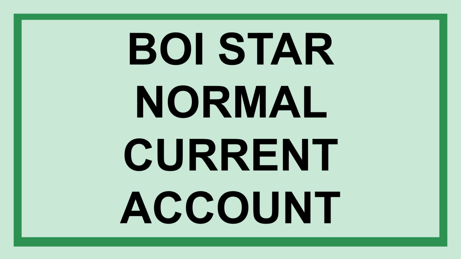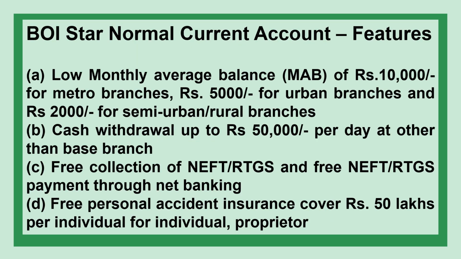Bank of India Star Normal Current Account. It features a low monthly average balance of rupees 10,000 for metro branches, rupees 5,000 for urban branches, and rupees 2,000 for semi-urban and rural branches.